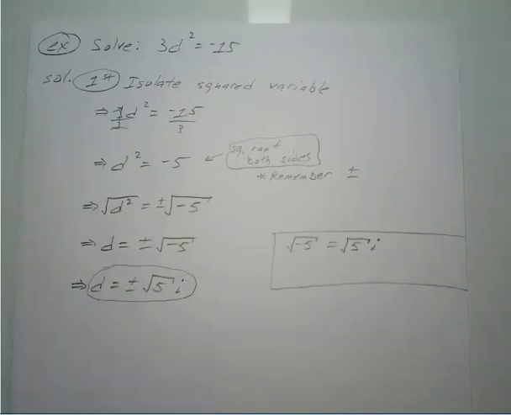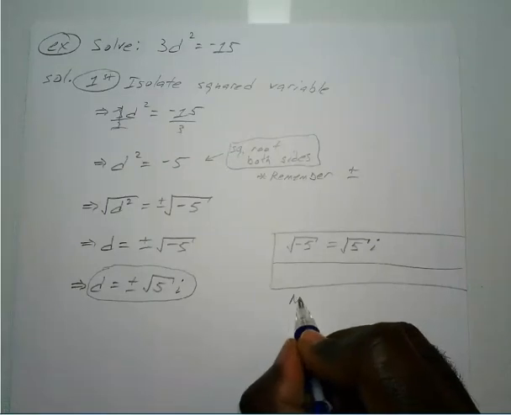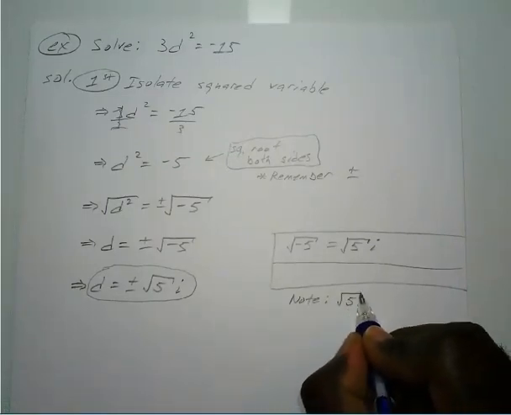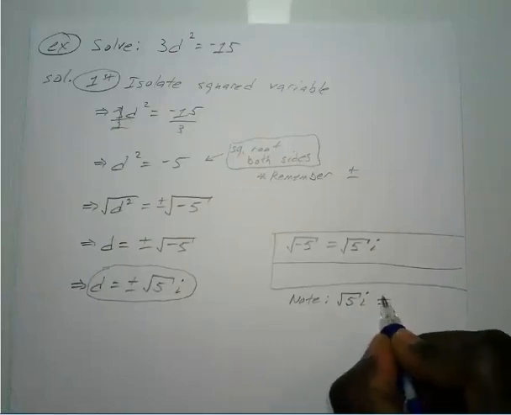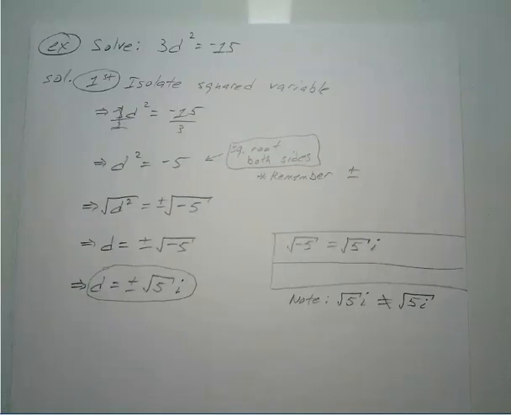So that's a very, very important step to remember, because if you put the i underneath the square root symbol, you'll most likely get that problem wrong because those are two separate numbers. Okay, so a quick note: square root of 5 times i is not the same as square root of 5i. So you want to be really, really careful with that.